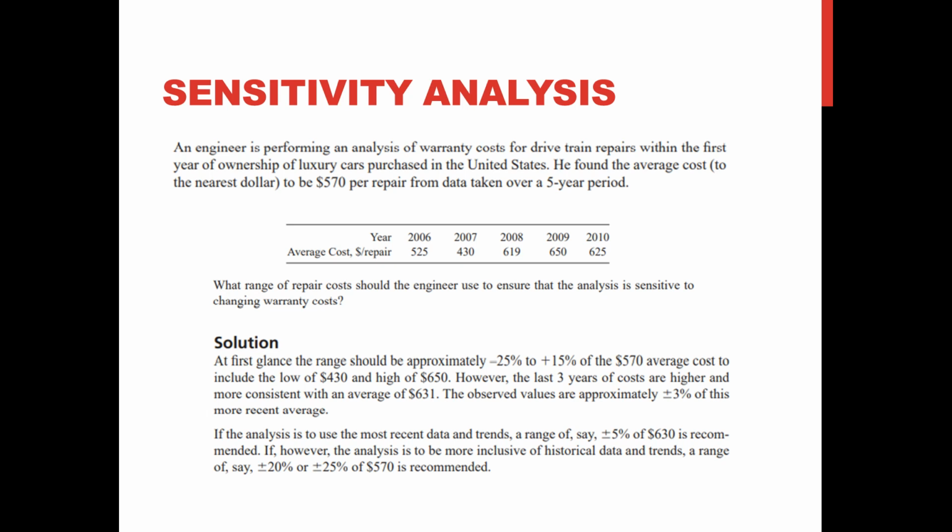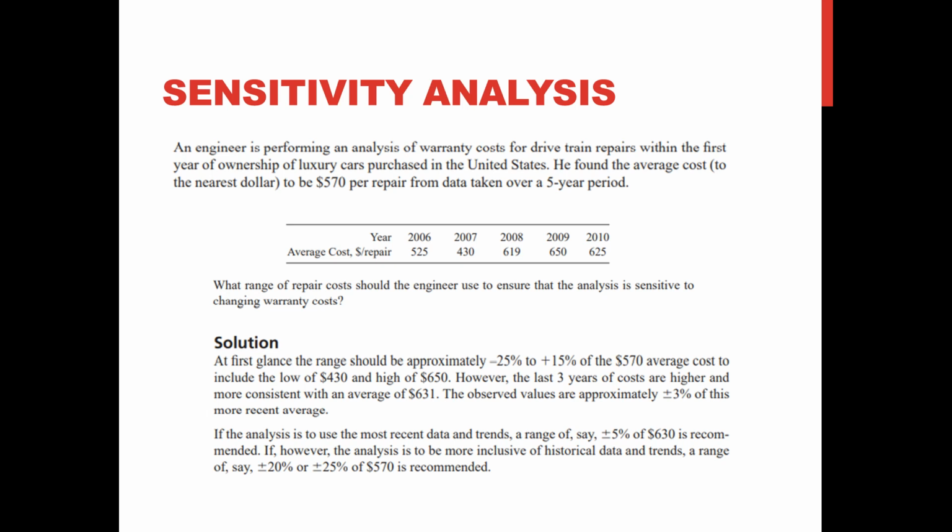So ito yung 631 could be the basis for the computation of the fluctuation values. So the observed values are approximately positive, negative 3% of this more recent average.